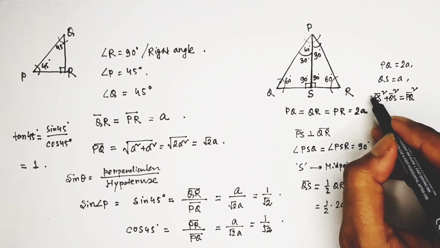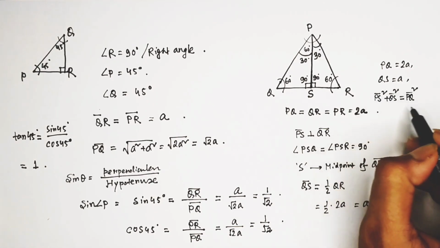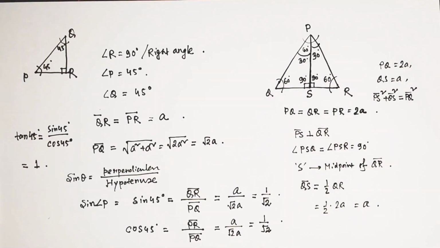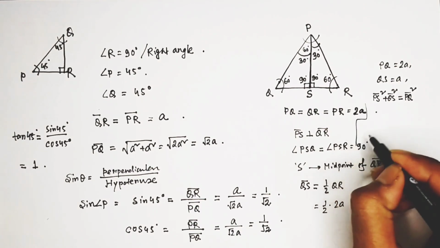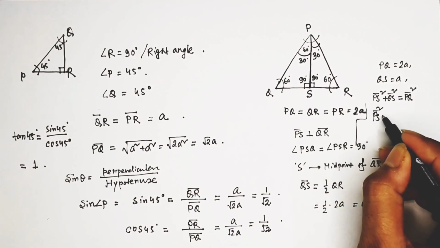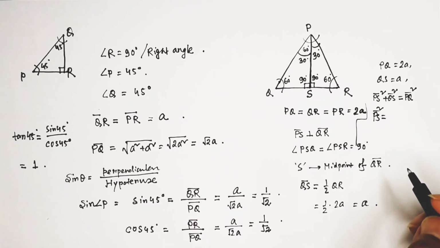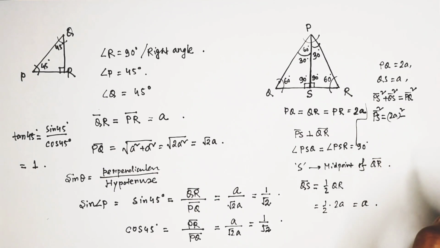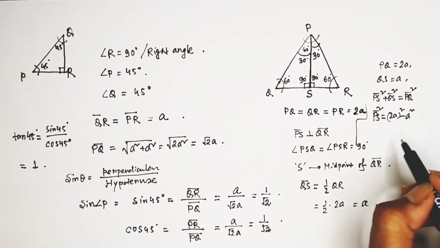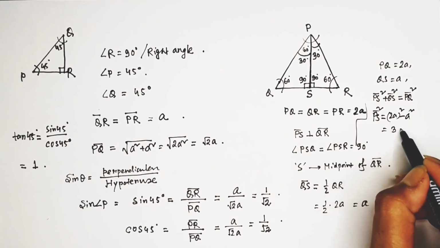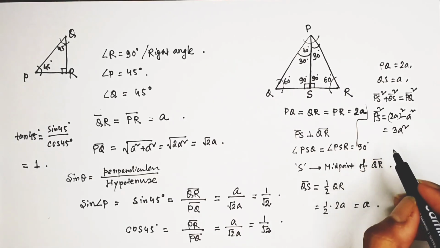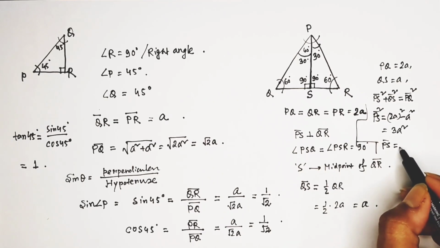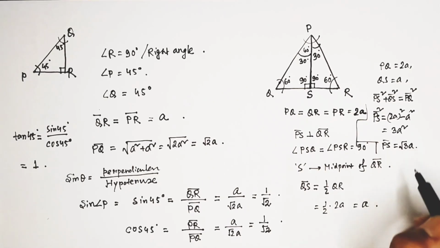From this equation we can get the value of PS. So PS square equals PQ square, that is 2A square, minus QS square, that is A square. 4A square minus A square is 3A square. So the value of PS is equal to root 3 into A.